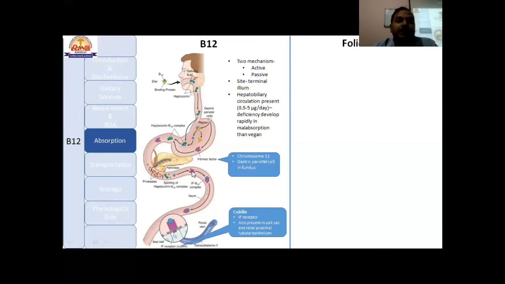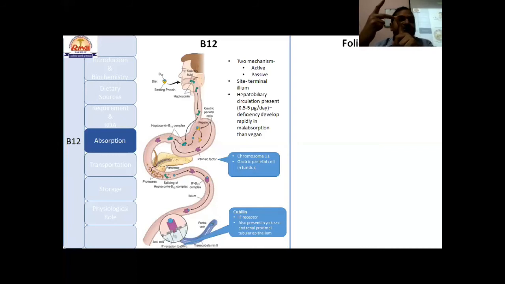So there are three major players of B12 absorption. First is hepatocorrin, secreted from the salivary glands.